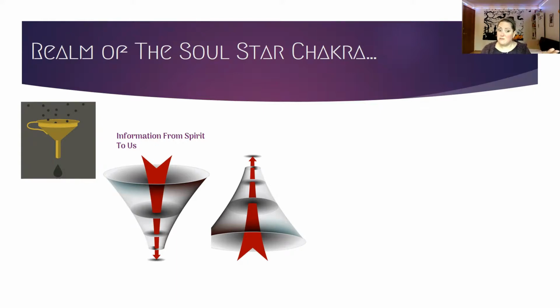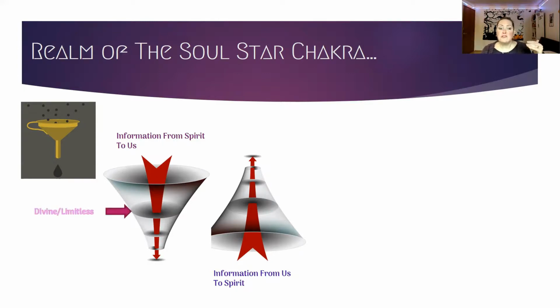And it's vice versa. The big part of the funnel can be the information that we're sending up into spirit, and that information is big and then it gets funneled down and filtered down so that spirit can understand. It's almost like having your own translation that goes through these different layers.